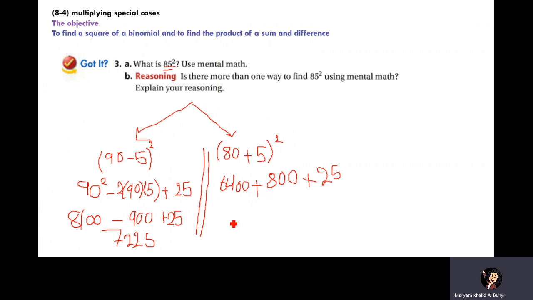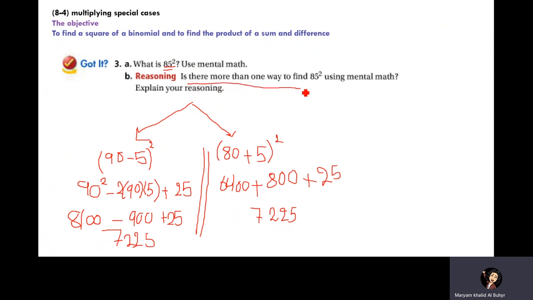Same thing with this one. If you add them all together, 6,400 plus 800 plus 800 plus 25, you will get exactly the same result, which is 7,022.5. So this is the idea.